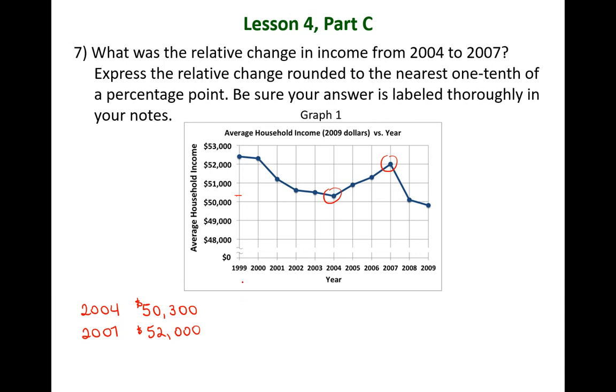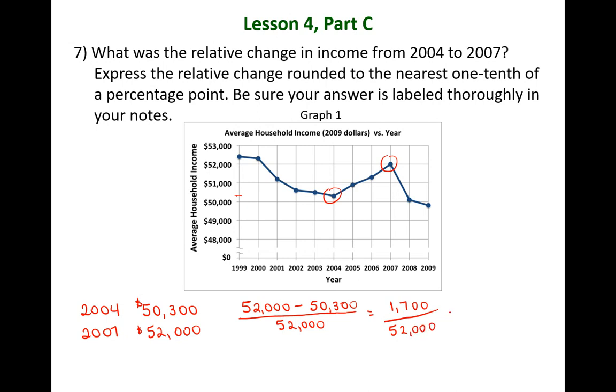So let's see if we can get the relative change. We're going to do the final amount minus the beginning amount over the beginning amount. So that's going to be 1,700 compared to 52,000.